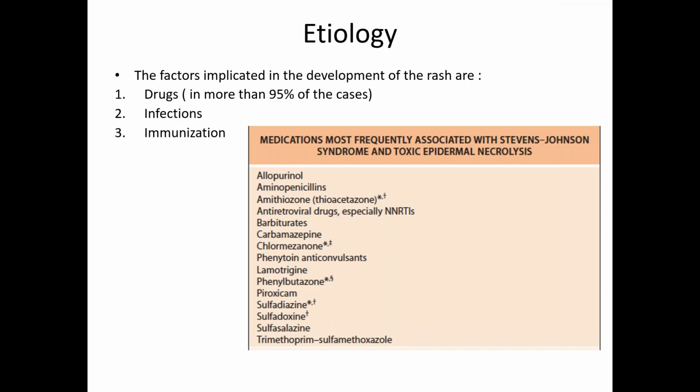So etiology, again, is most commonly a drug. There is a list of drugs you can see: allopurinol, aminopenicillin, imidazoles, antiretroviral therapy, barbiturates, carbamazepine, chlormezanone, phenytoin, lamotrigine, phenylbutazone, piroxicam, sulfadiazine, sulfadoxine, sulfasalazine, and trimethoprim-sulfamethoxazole.